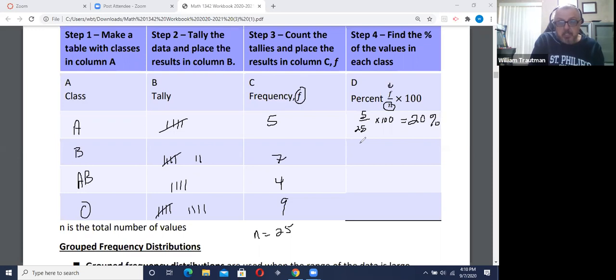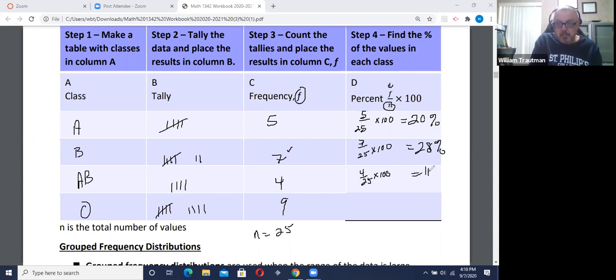Then I'm going to do the next one. Once again, it's frequency divided by N, and N is the total number, times 100. 7 divided by 25 times 100, and I get 28% on my calculator. Then I do 4 over 25 times 100.